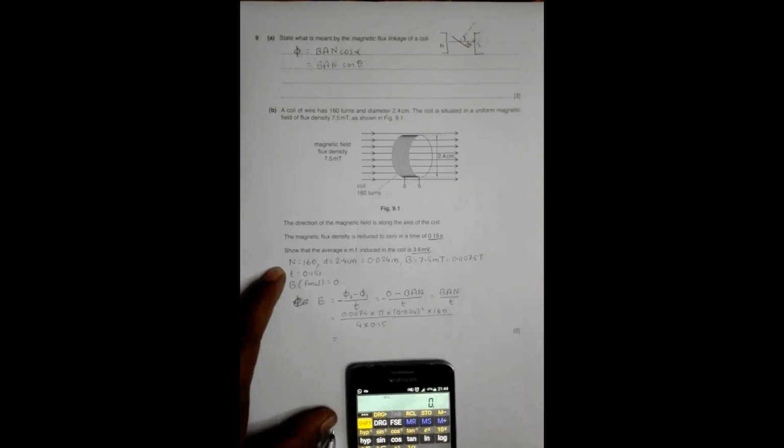Its value will be equal to 0.0075 into shift pi into 0.024 square into 160 divided by 4 divided by 0.15 equals, and what it gives is 0.003619 volt, and that is nearly equal to 3.6 millivolt, which is the required answer here.